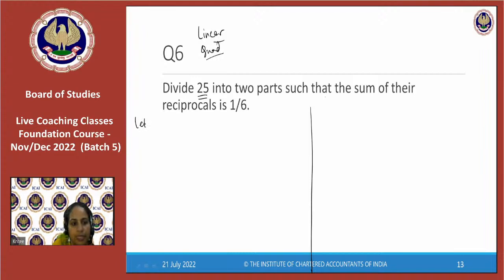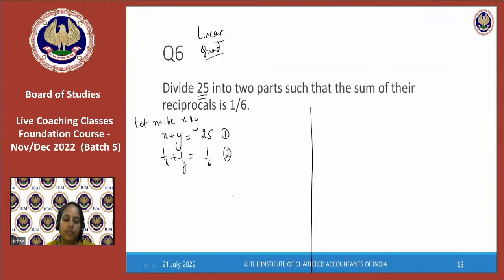So let the numbers be x and y. So x plus y together form 25. That is the first equation. 1/x plus 1/y, the sum of their reciprocals, is equal to 1/6. This is your second equation. You take the LCM, substitute the values, and then you get the values of x and y. You can do it this way also.